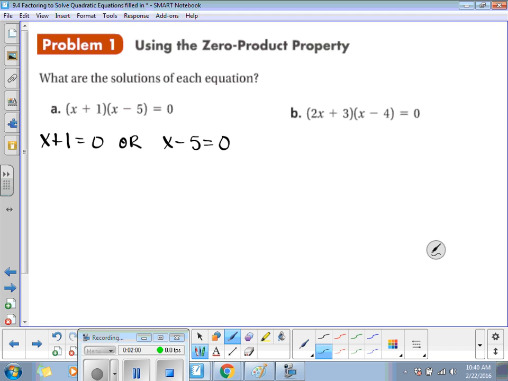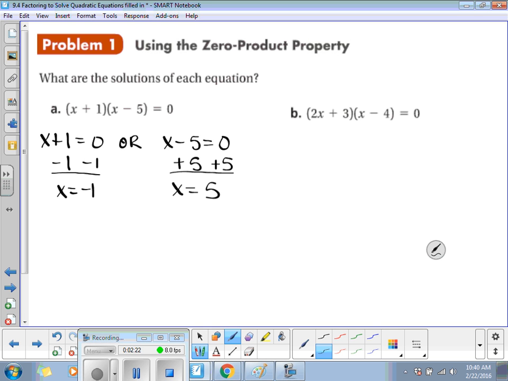Then you just solve them for x. Here, we subtract 1 on both sides, so x is equal to negative 1. On this side, we add 5 on both sides, so x is equal to 5. So the two solutions that give you a true statement for this equation are negative 1 or 5.